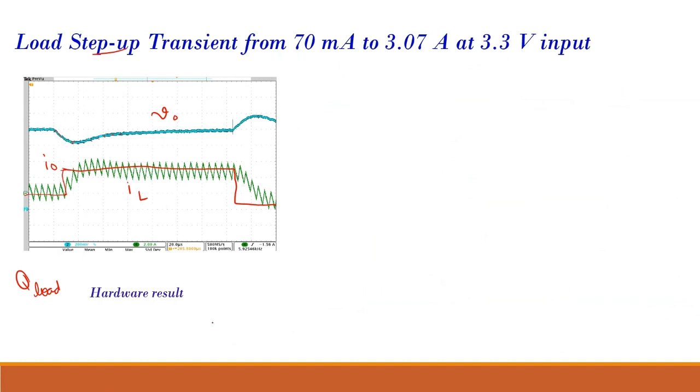So when you have your capacitor over here, your inductor over here, and this is your load. This is your IL, this is your I output, this is your IC. What happens is suddenly your I output becomes 2 times I output.